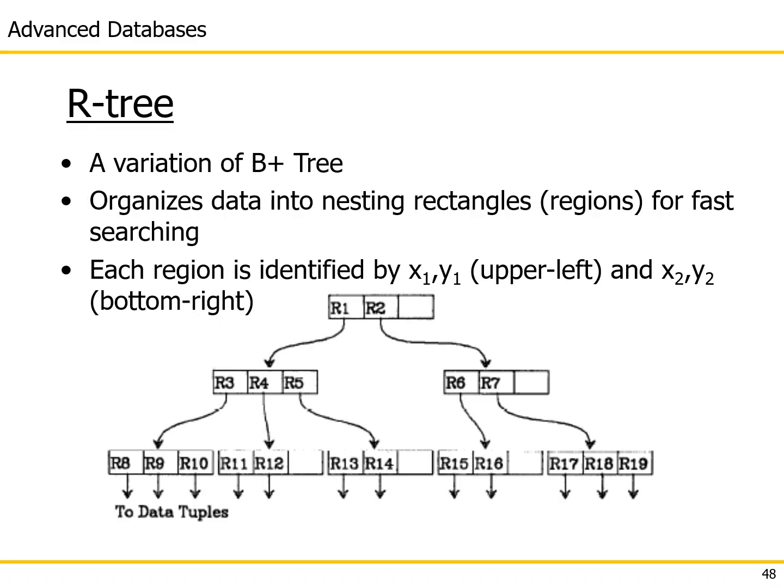And what we're actually going to look at here, which is the most common indexing data structure in the spatial databases world, is the R-trees. Now, R stands for region, and this is nothing but a variation of B plus trees.